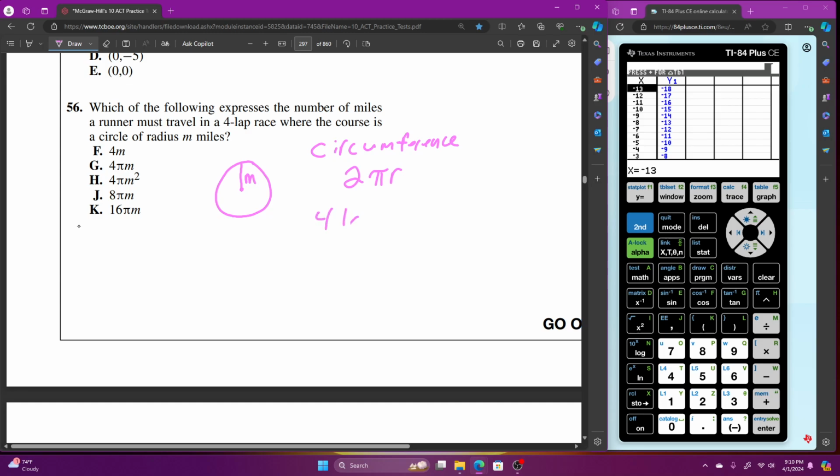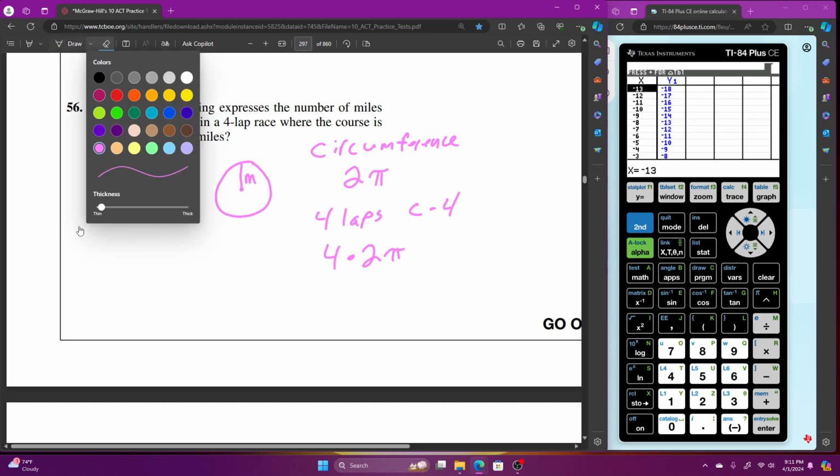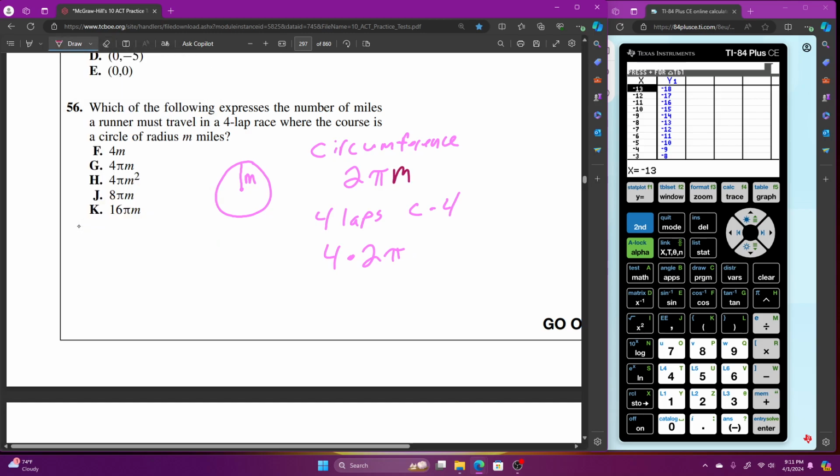So 4 laps is the circumference times 4. So 4 times 2 pi r, where r is your radius, and our radius is m. So I'm going to erase these r's and change it to an m. And 4 times 2 is 8 pi m. Done with number 56.